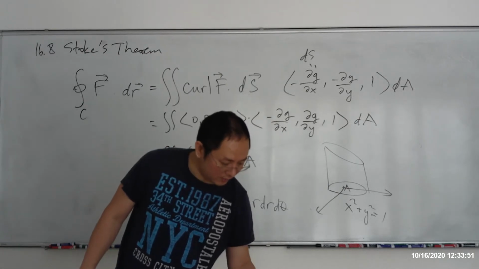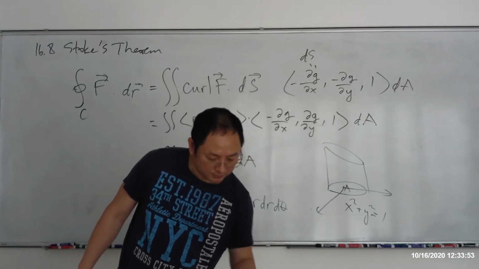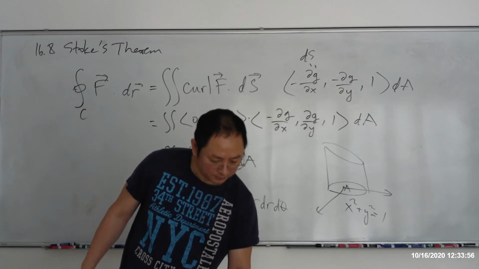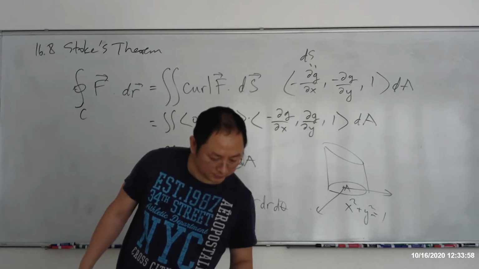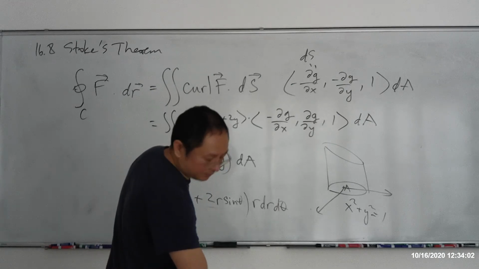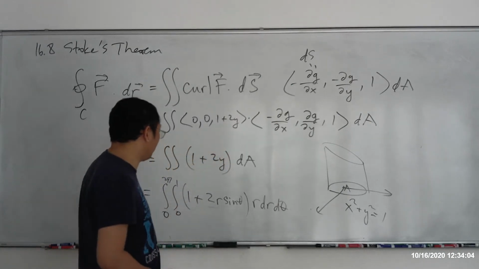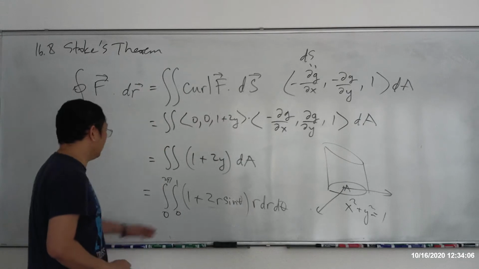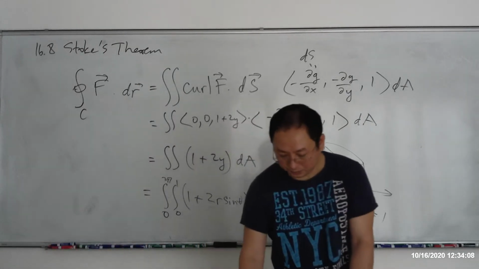Okay, and then you integrate this, you should have the answer. Let me see if I got it right. Multiply it all out, and then integrate. I'll leave it for you.